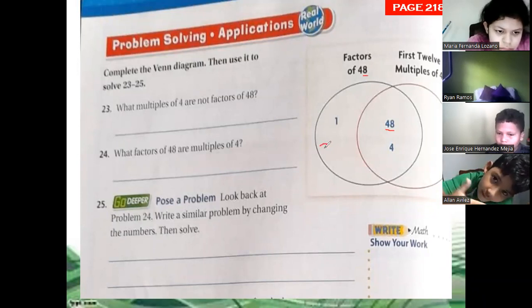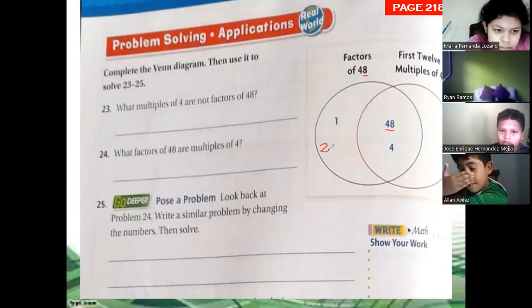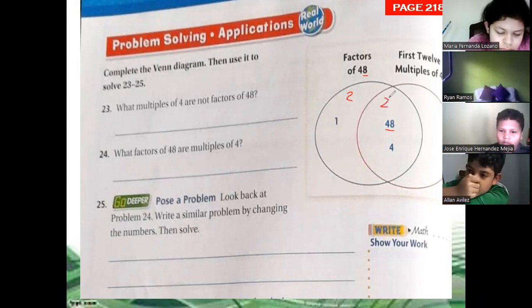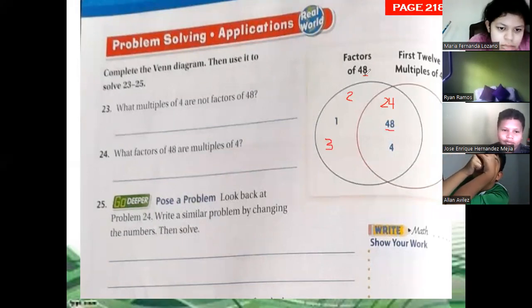So it's 2 times 24. 24 goes here because it is a common number. Now, is 48 divisible by 3?